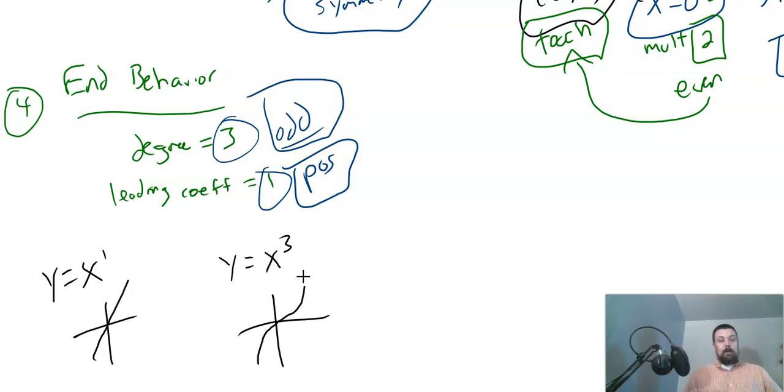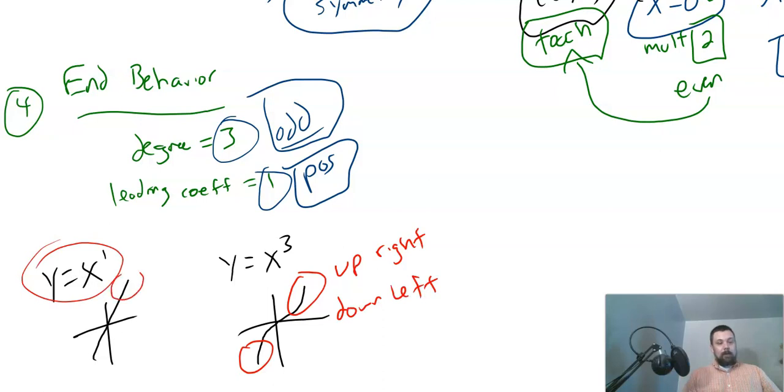What's happening here is it's going to go up to the right, and it's going to go down to the left. Right? Even if you want to use this one, it's the same thing, right? Up to the right, down to the left. So either way is fine. In calculus notation, this would be y goes to infinity as x goes to infinity.